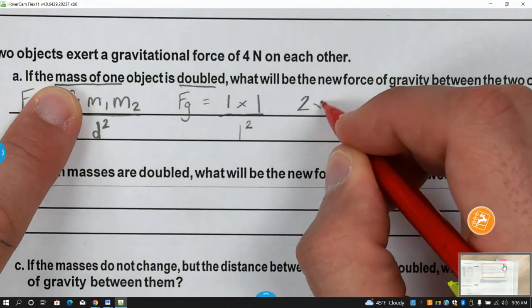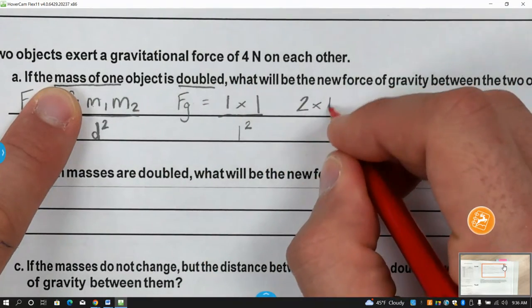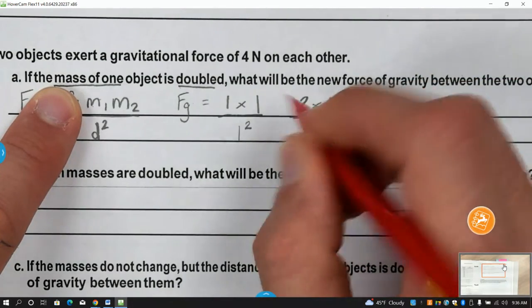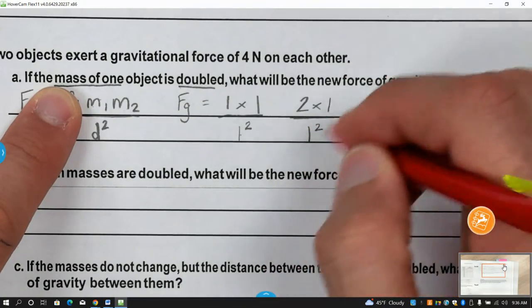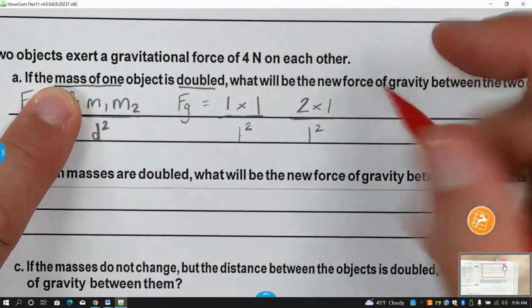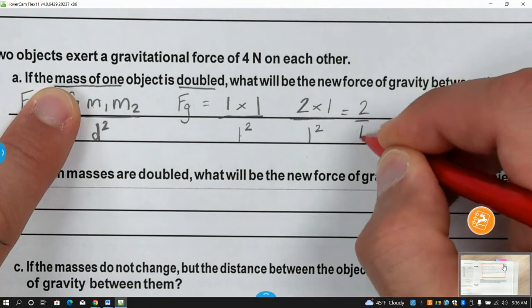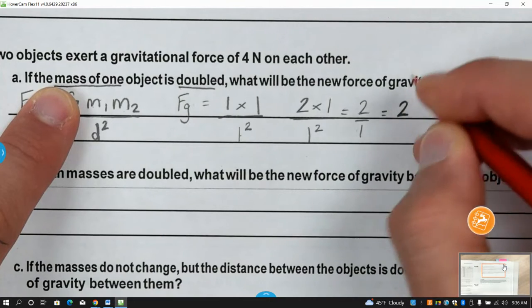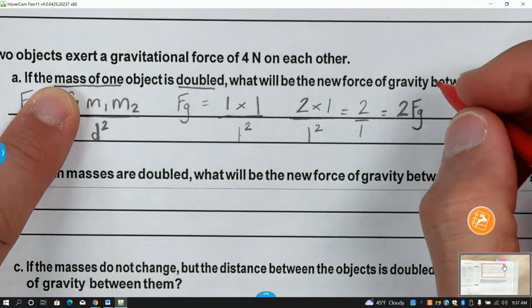We didn't change the other mass, M2, so that's going to stay a 1. And they didn't tell us anything about distance, so the distance on the bottom is still going to stay a 1. 2 times 1 is 2, 1 squared is 1, so 2 over 1. So you will be 2 times the original force.